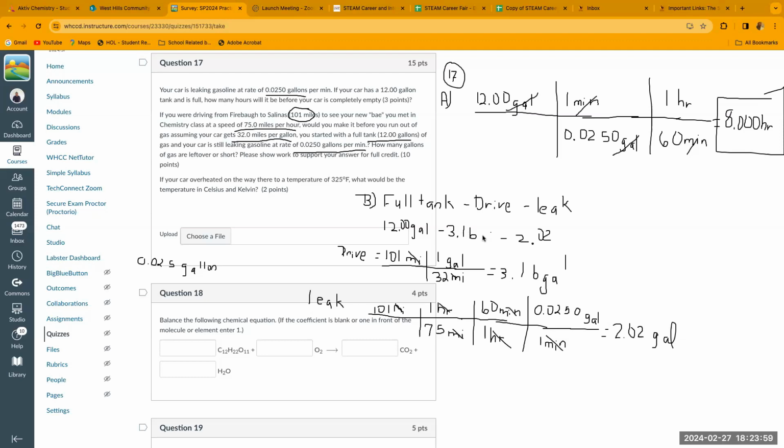Okay. So the units all have to match up. They all have to be gallons. So you want to make sure that those units match up. Okay, so then we just do the math.